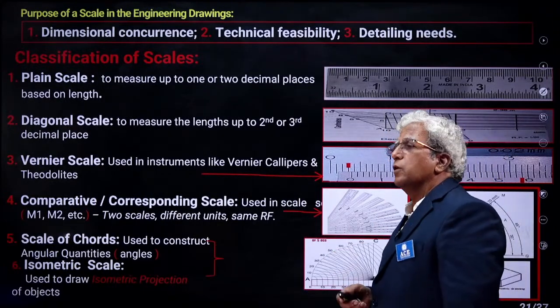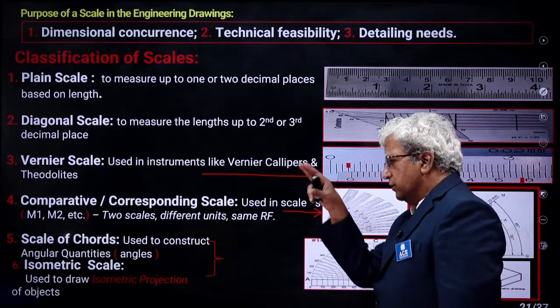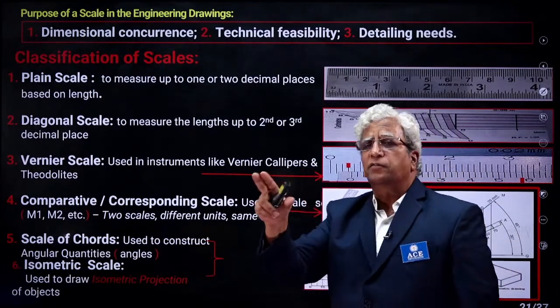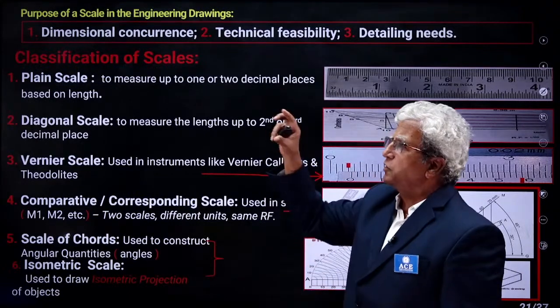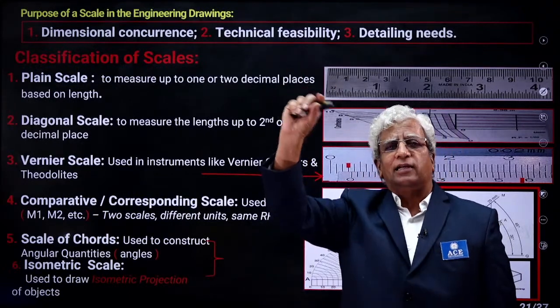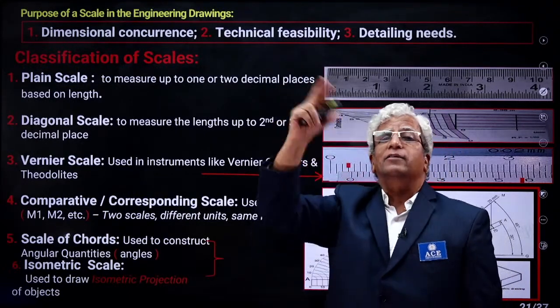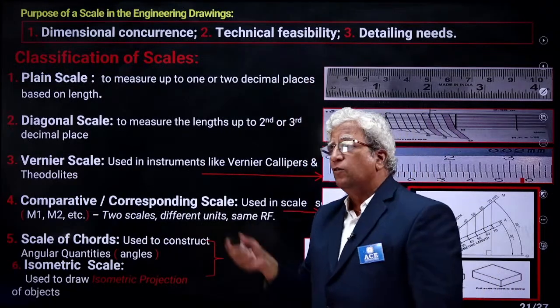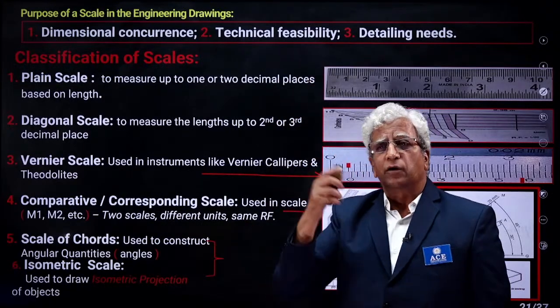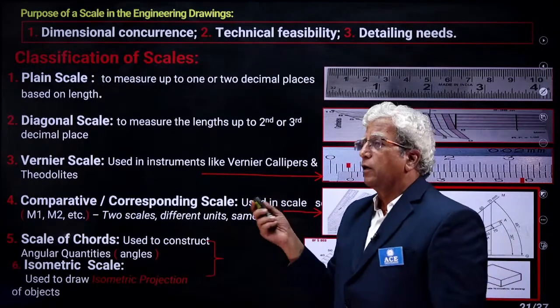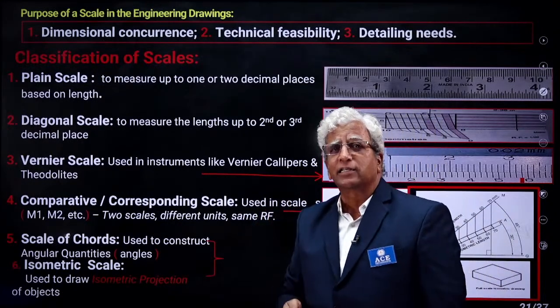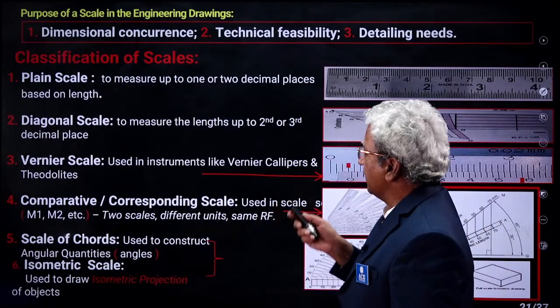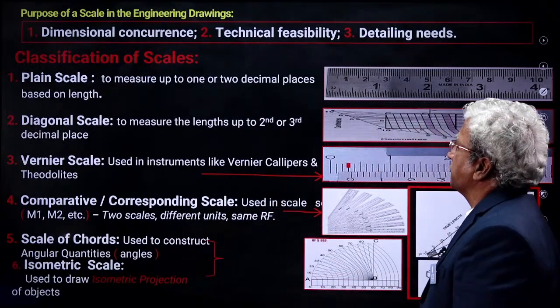Sometimes we may not use only one scale. The main building is drawn to say 1:50 scale, and some truss joint is drawn to 1:10 scale, so there you require different types of scales. Similarly, for accurate measurements, we may have to draw different types of scales like a diagonal scale. Accordingly, different scales have come into the picture.